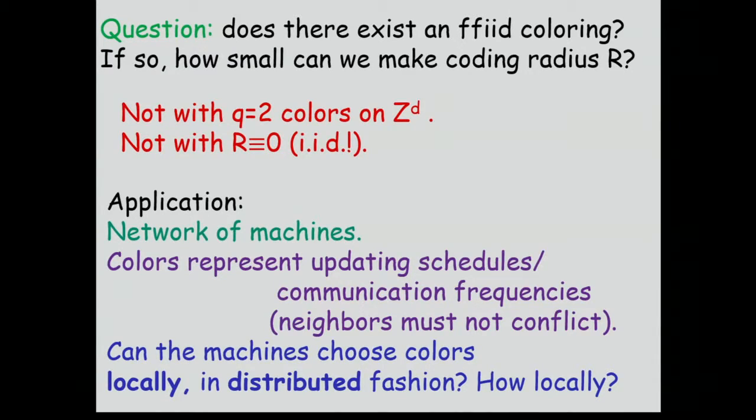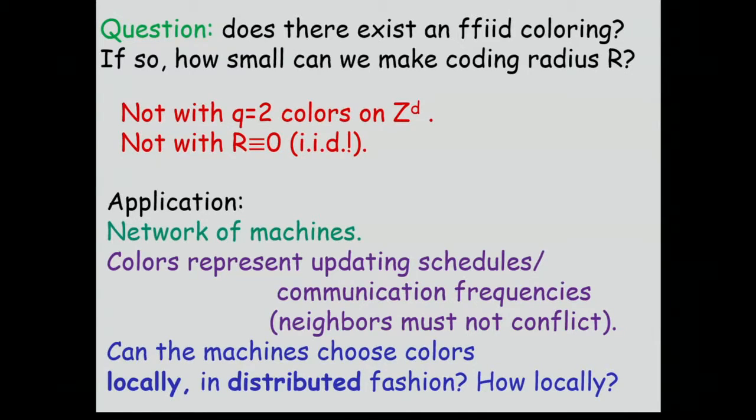And just to warm up, again, if we're on Z^d with two colours, the answer is no, because the only stationary colouring is these two checkerboards with probability half, and it's very easy to see that that's not of this form, so it's not even mixing as a random process. And also you can't do it with R equals 0, because that means you just have IID random variables, and you can't do colouring that way.